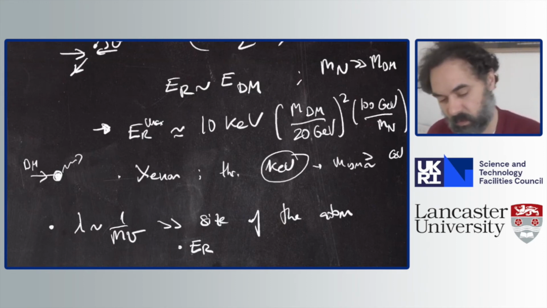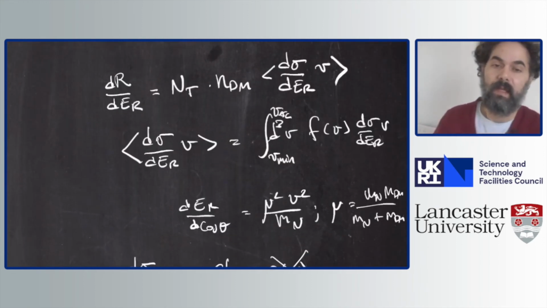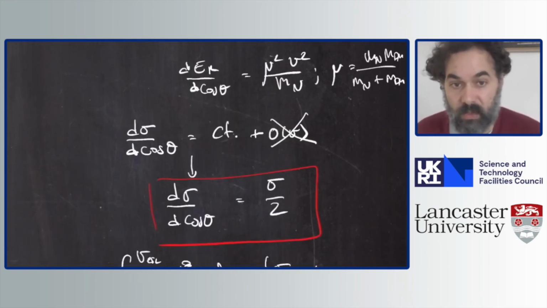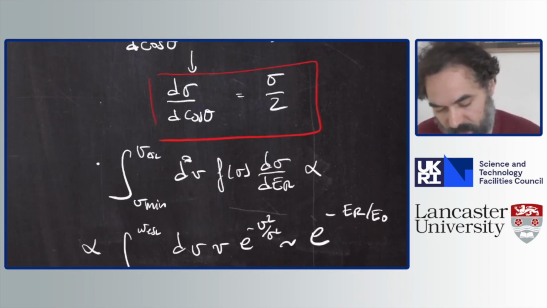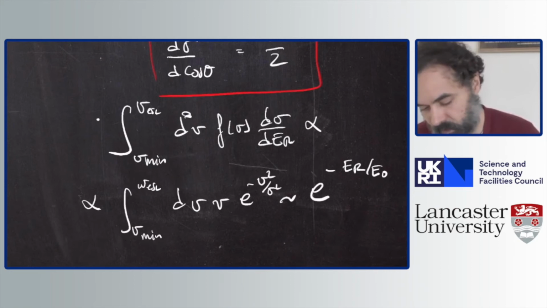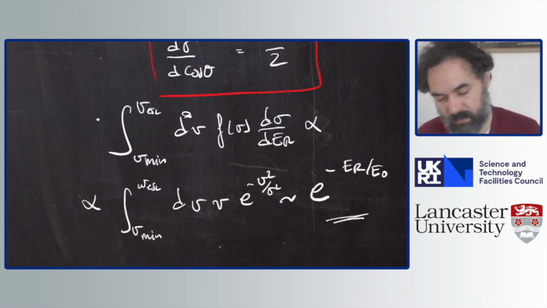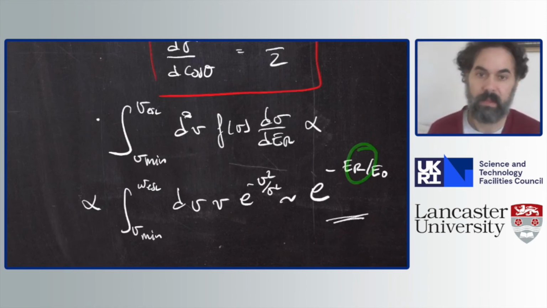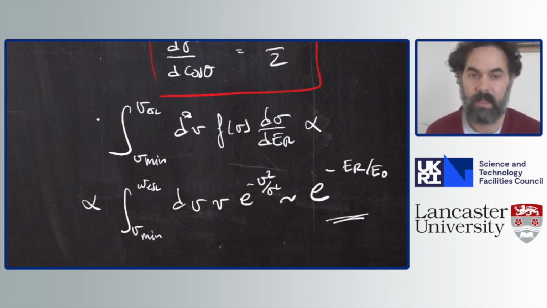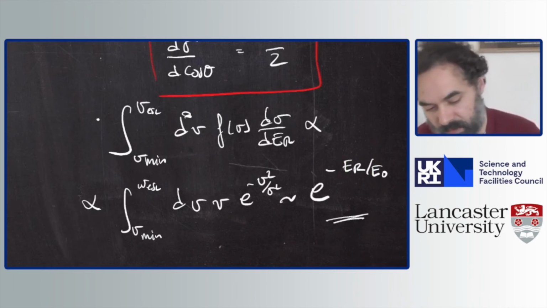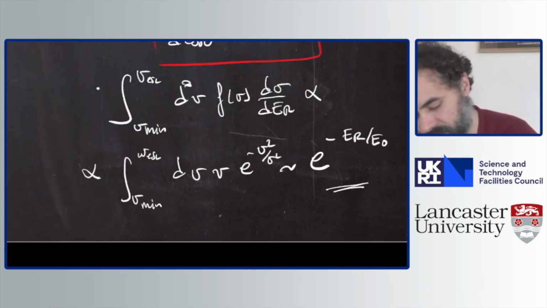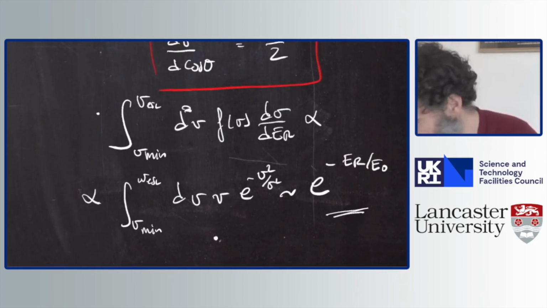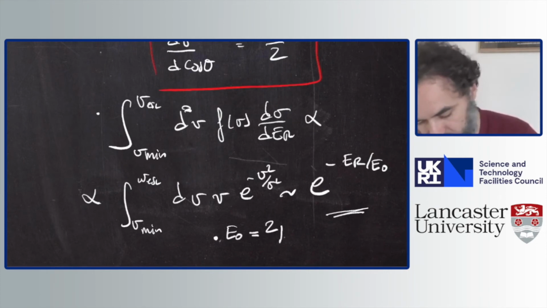Only particles with enough energy are going to be relevant, and when you turn everything into the correct dimensions, you find that indeed this E recoil appears in the exponentially suppressed rate here, normalized by a constant E0 equal to a number.